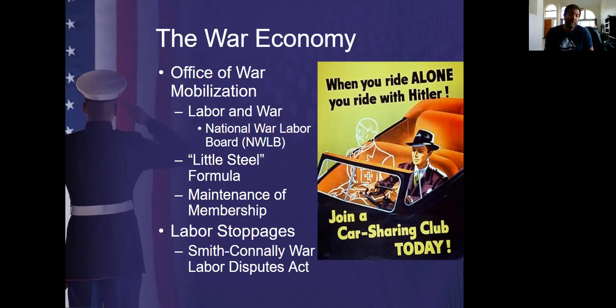And it gave the federal government the ability to actually intervene and take over plants should there be a threat to the stoppage of production. And so again, it outlawed strikes in those plants, and gave the president the power to seize them. And so what you see is that there are both gains and losses for the labor movement during this time.